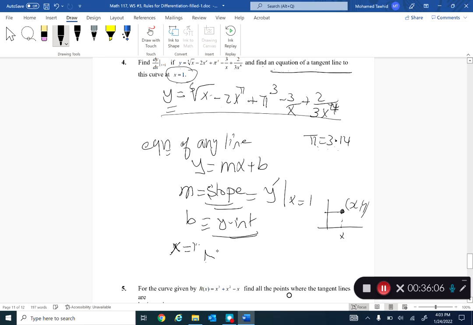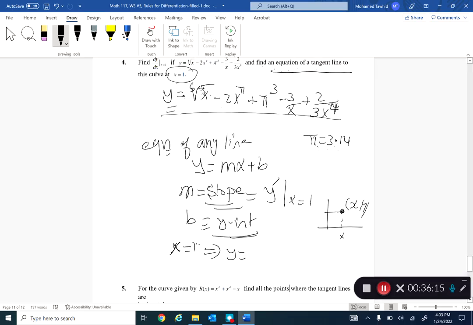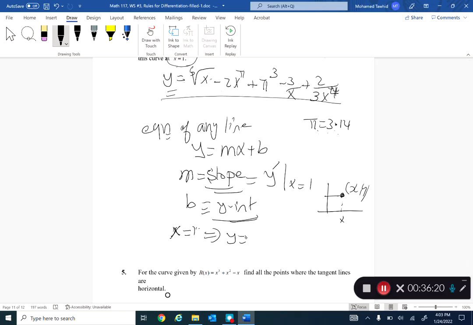In order to get y, I have to put that in the equation. So y equals, and just replace x by 1 everywhere. What do you have? You have the fifth root of 1, minus 2 times 1 to the power pi, plus pi cubed, minus 3 over 1, plus 2 over 3 times 1 to the power 4.